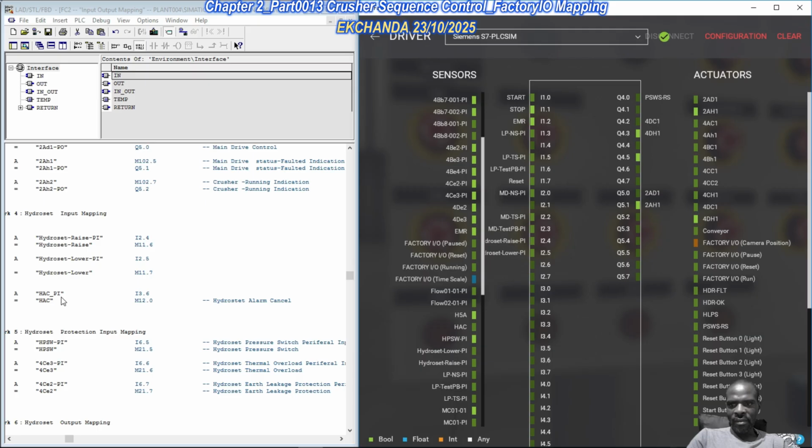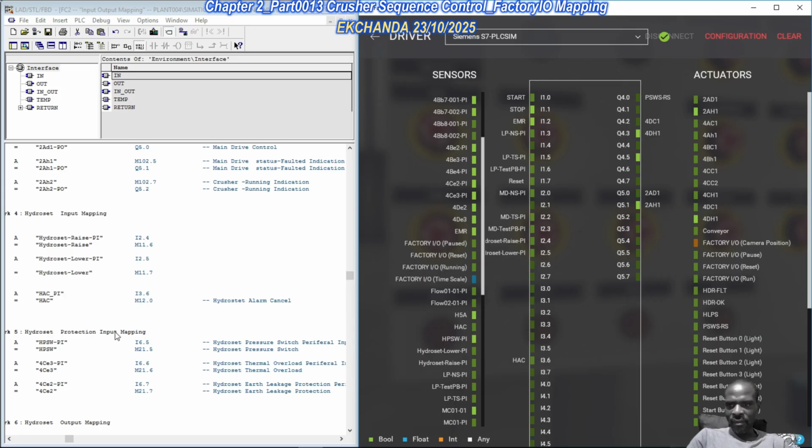Hydroset alarm cancel, HAC, is mapped to input 3.6. That's a long shot. Why the jump? Maybe because all the inputs were used. So hydroset alarm cancel is mapped to input 3.6, which is right here.